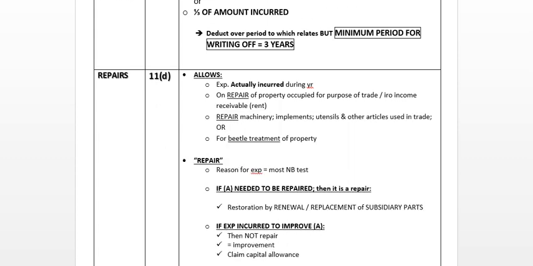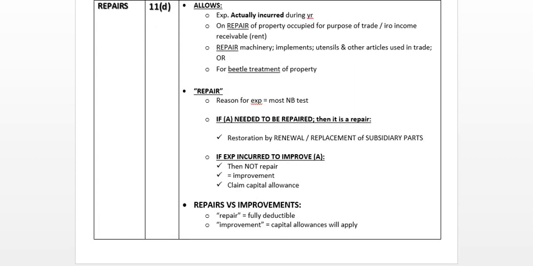Okay, so repairs in terms of Section 11D. What is allowed? So expenditure actually incurred during the year on repair of property occupied for the purpose of trade or in relation to income receivable as rent.